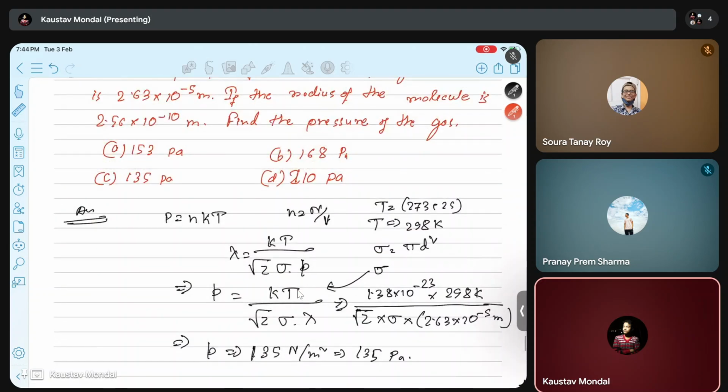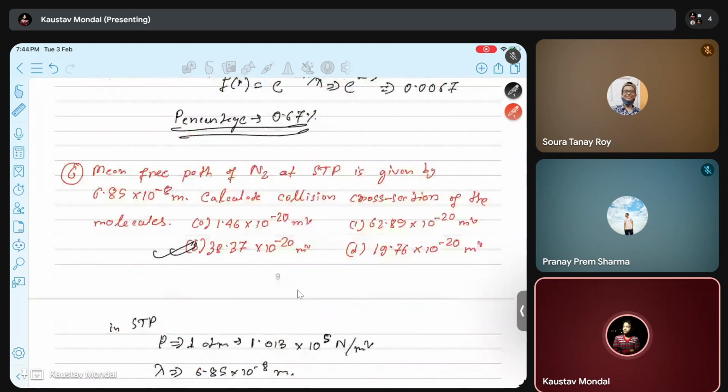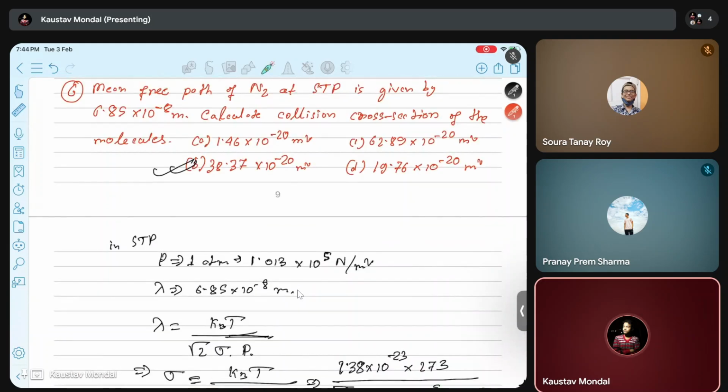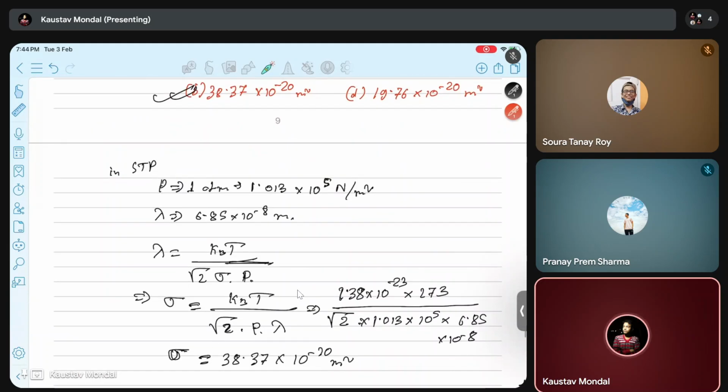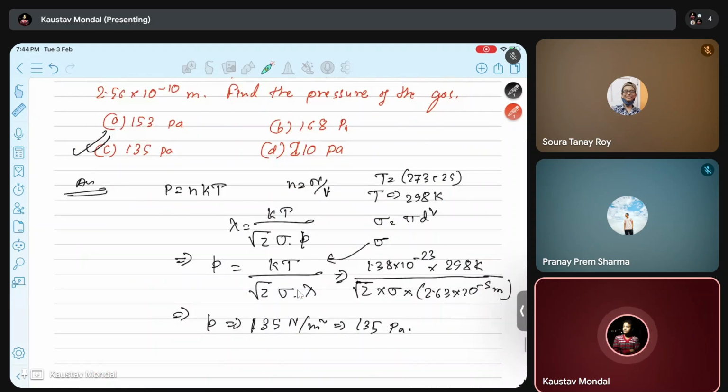As you can see, multiple questions can come from a single formula. In the question, lambda and pressure can be mentioned, and from there you can calculate the collision cross section. Or the problem can mention lambda and the collision frequency, and from there you can calculate the pressure.